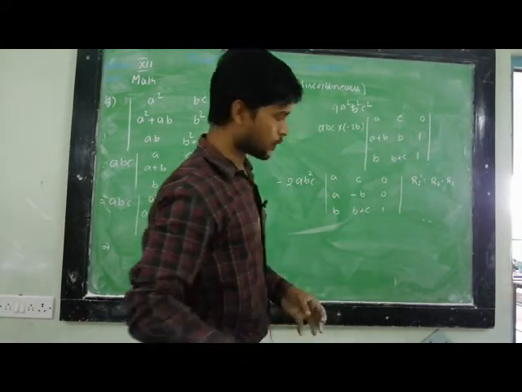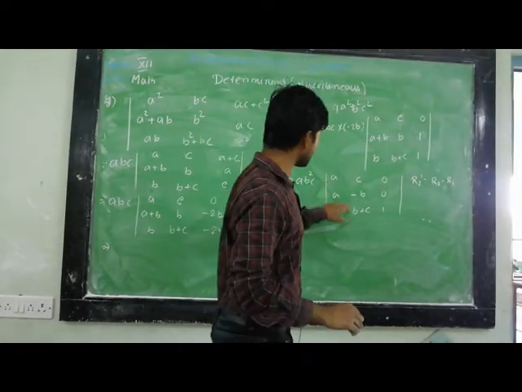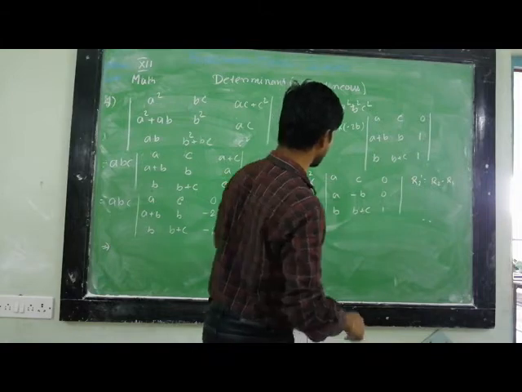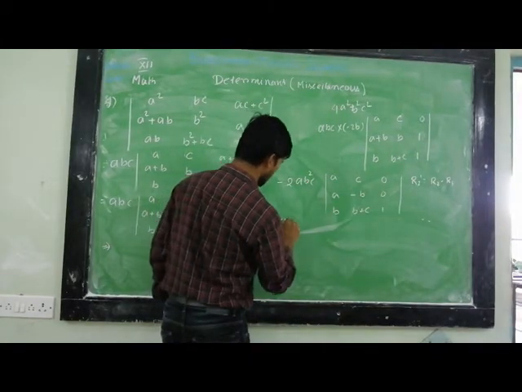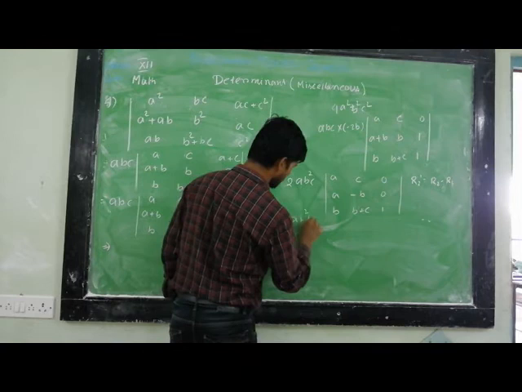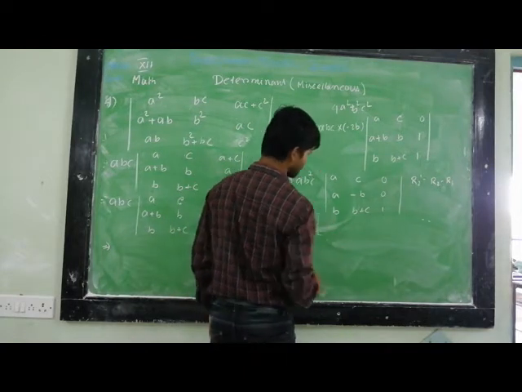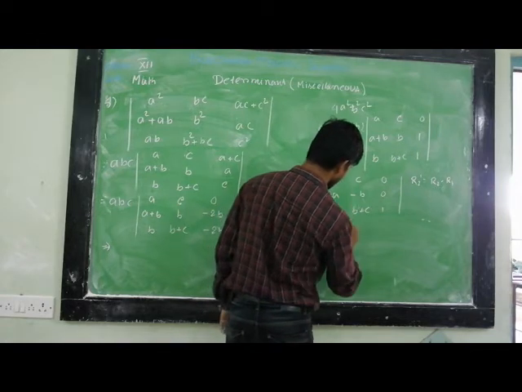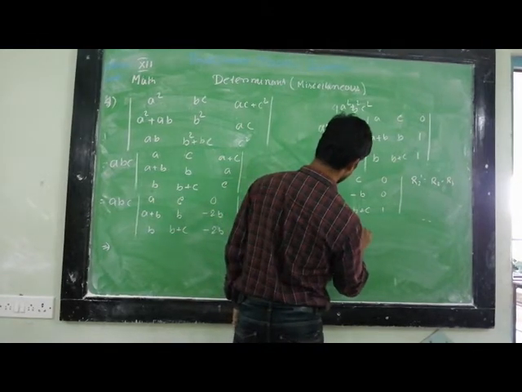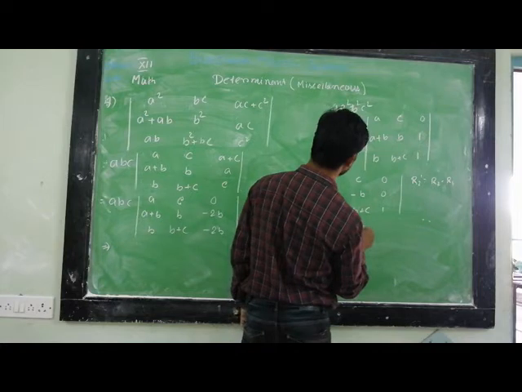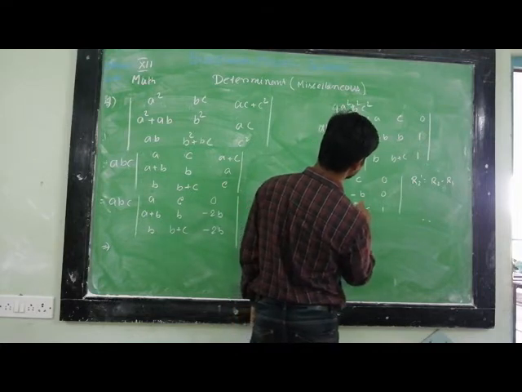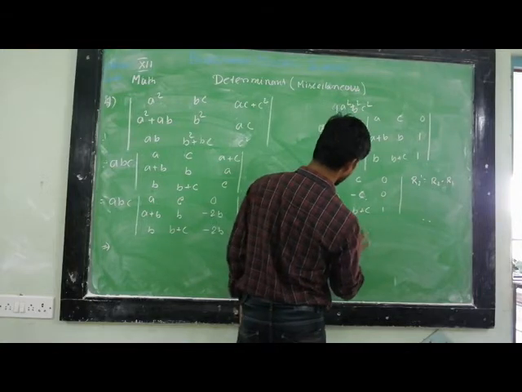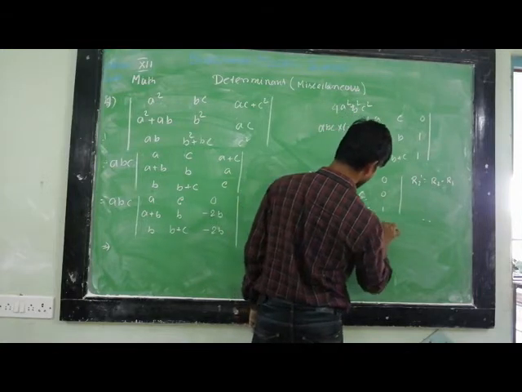Now expand the determinant along the third column. So it will be minus 2ab squared c into, so plus minus plus, 1 into, this is minus ab, minus, sorry, that will be a minus c, a minus ac minus ac.